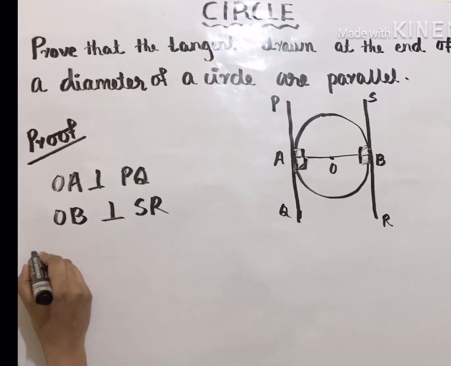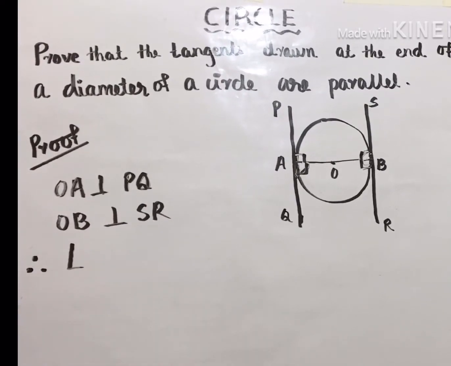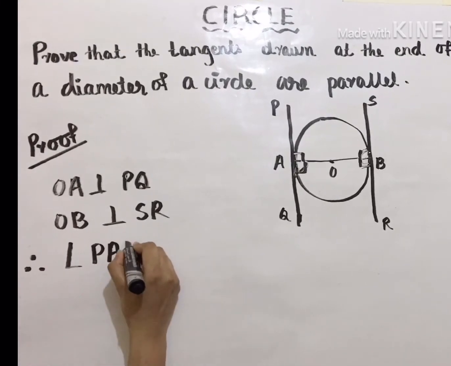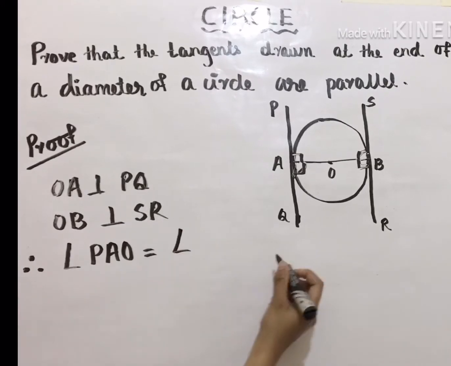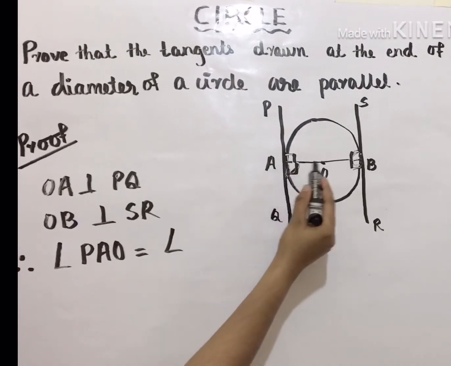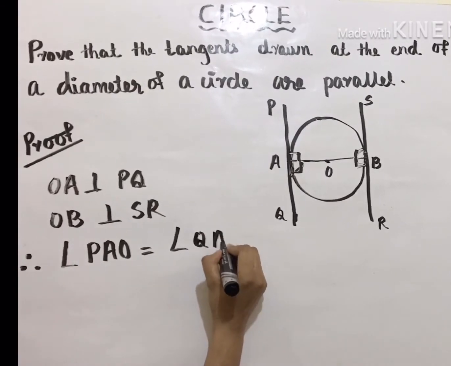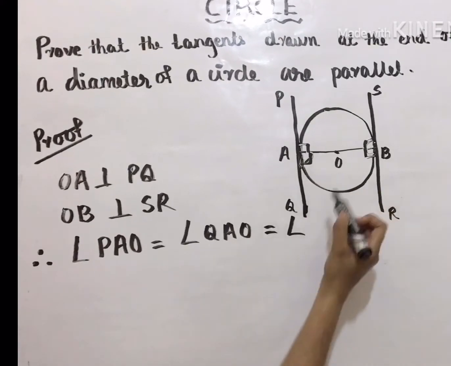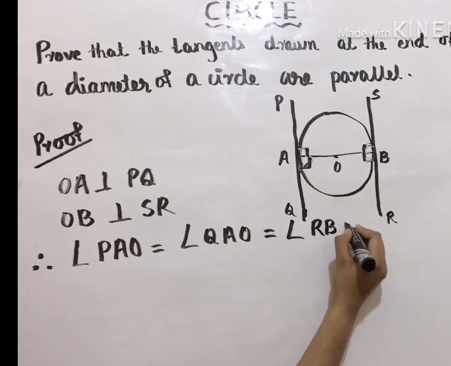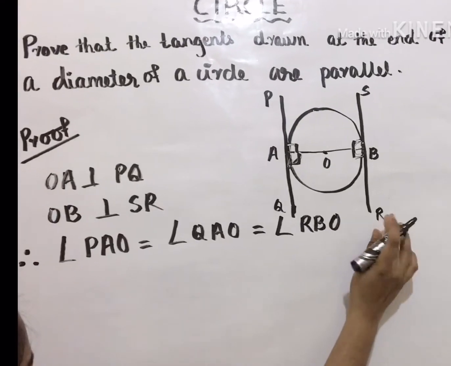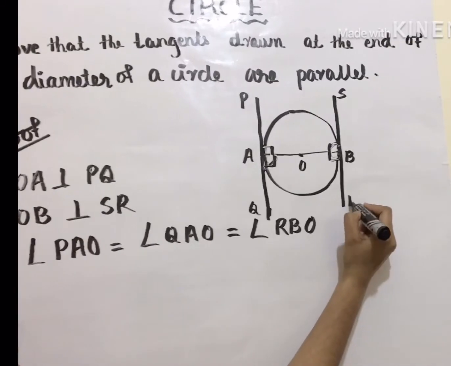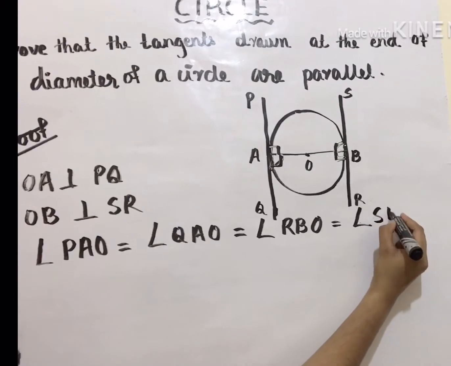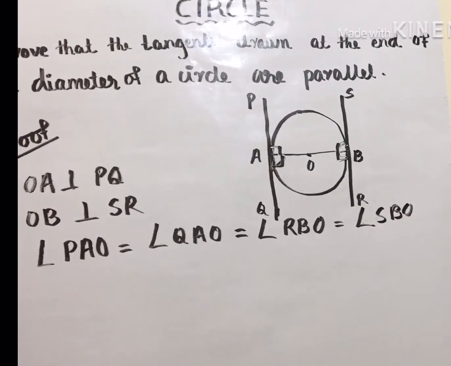Therefore angle PAO is equal to angle QAO is equal to angle RBO is equal to angle SBO is equal to 90 degrees.